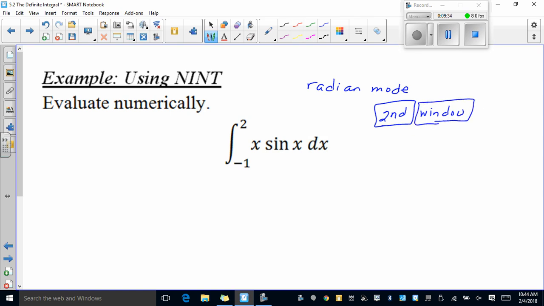So if you have an 83, not sure, you're going to go to math. I think you might arrow over 1. I don't know how many people have 83s, but that doesn't mean next year I won't have somebody with an 83. Math, and it's like the 9th one down.